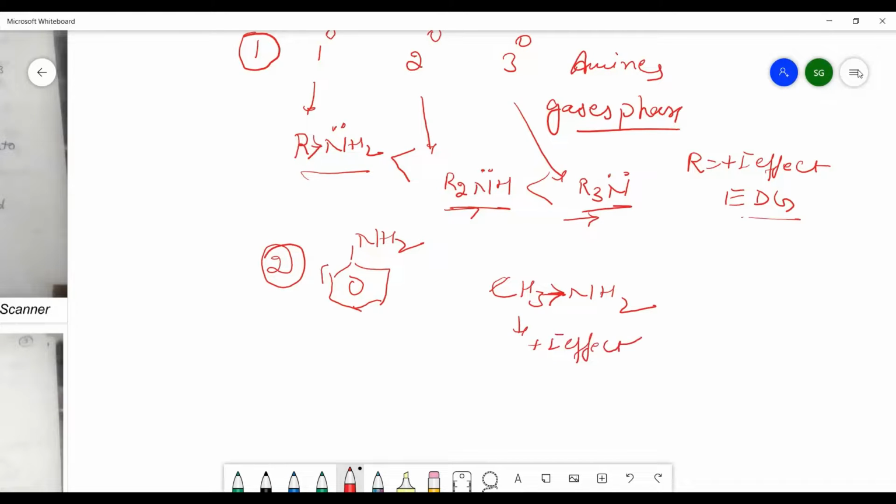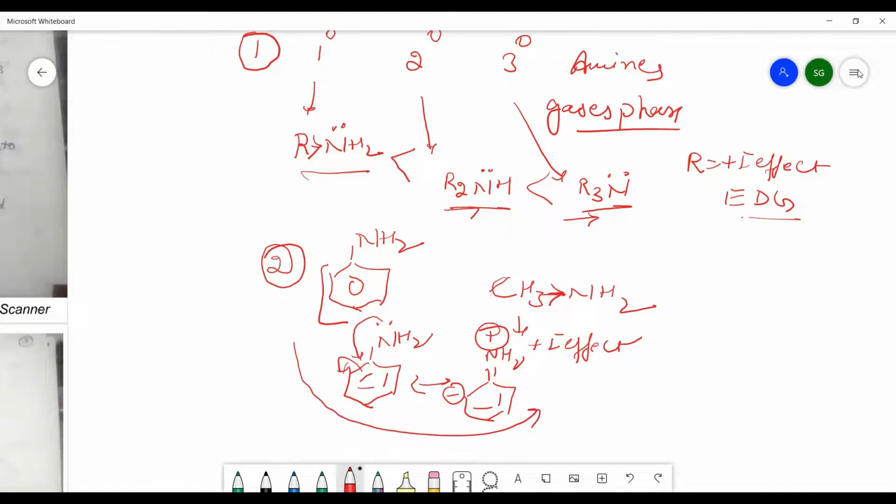Now if we consider this benzene ring, you can easily understand that in the case of the benzene ring, the lone pair of electrons will take part in resonance with this ring, and such resonating structures will be formed. What do these structures indicate?